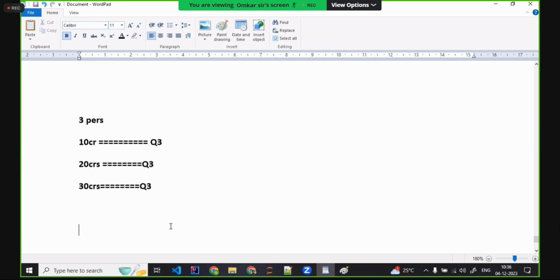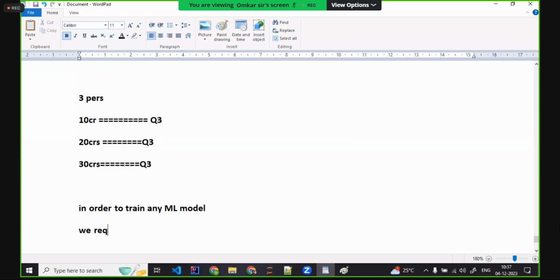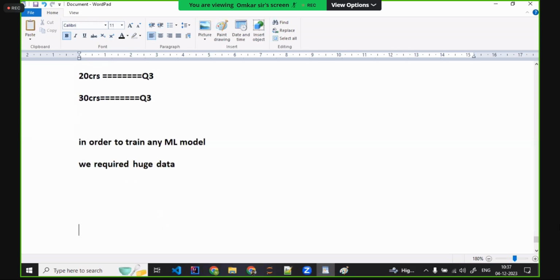Always remember, in order to train any ML model, we require huge data. Less data will not be able to identify the patterns very well.